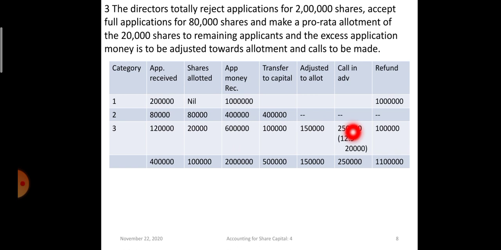Still 1 lakh rupees is left, which cannot be adjusted anywhere, so it is returned. So 1 lakh plus 10 lakh, that is 11 lakh rupees, is returned. Out of the 20 lakh rupees, 5 lakh is transferred to capital, 1,50,000 to allotment, 2,50,000 to calls in advance, and the balance 11 lakh rupees is refunded.